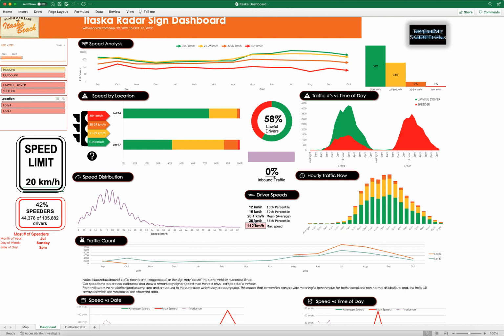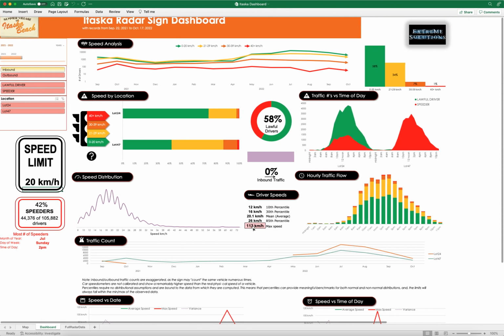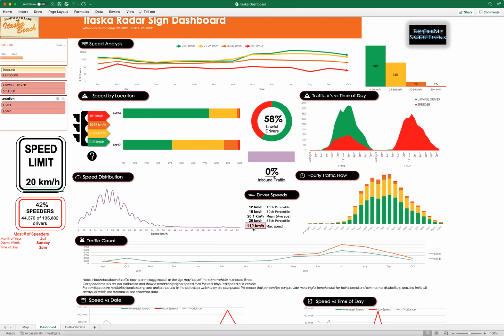That means even if people are speeding, they're within 6 kilometers of our 20-kilometer speed limit, so that's really good. Now, there's always that wildcat, and the maximum speed recorded over this period is 112 kilometers an hour. But again, when we look at how many people are driving that fast, it's very low.